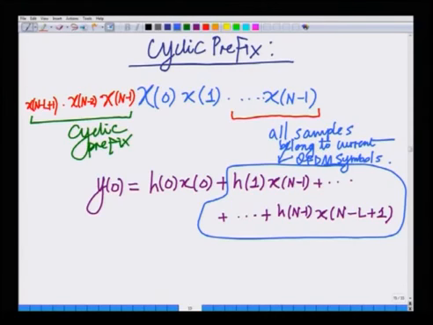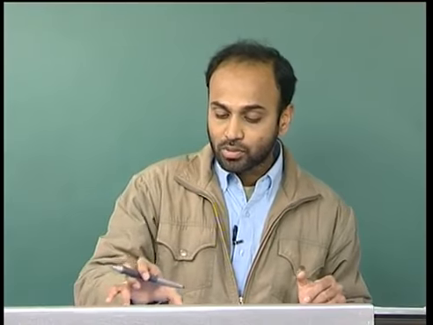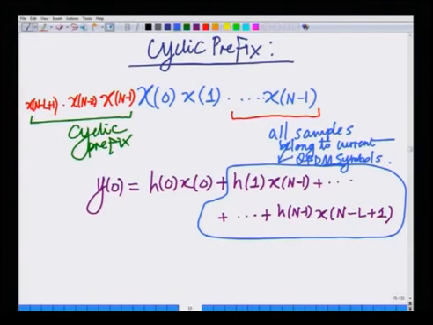This is known as the addition of a cyclic prefix. As soon as I add that cyclic prefix, the inter-OFDM symbol interference is not from the previous OFDM symbol anymore, but from the current OFDM symbol itself.